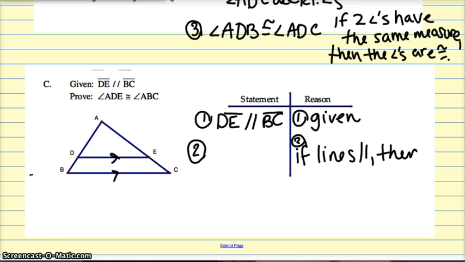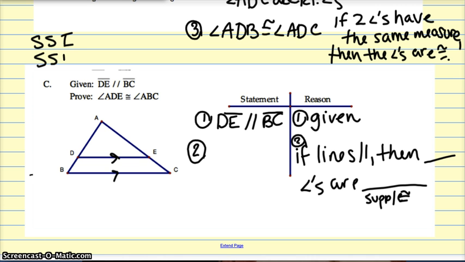then there was a certain angle relationship. So that kind of angles are, and we filled it in with either supplementary or congruent. So the types of angles we had: same side interior, same side exterior, alternate interior, alternate exterior.